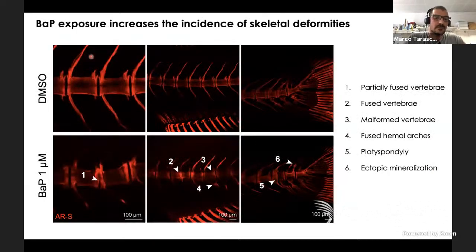Here I'm showing you some examples of the structures that we count as deformed. On the top we have fish exposed to control, and on the bottom to BAP at 1 micromolar. And normally we count as deformed structures, for example, partial or complete fusion of vertebrae, malformed vertebrae, fusion of haemal arches, and also cases of platyspondyly, which is compression of vertebrae, or ectopic mineralization.